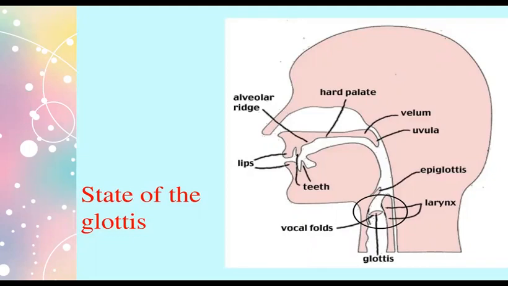Depending upon whether the vocal cords are wide apart and the glottis is wide open, which is the condition of voiceless sounds, or the vocal cords are kept loosely together and they vibrate, which is the condition of voiced sounds. So depending upon the state of the glottis, whether it is producing a voiceless sound or a voiced sound, consonants are also produced.